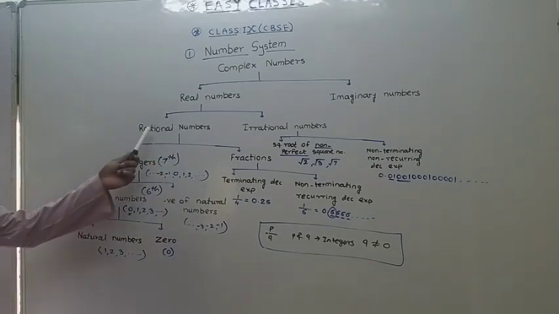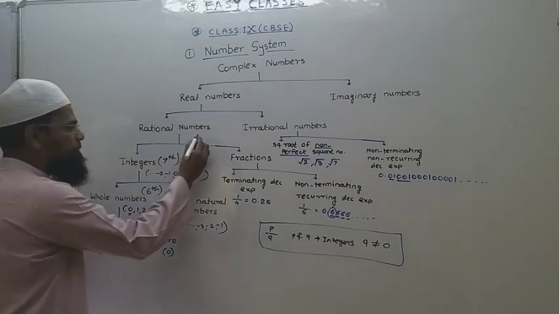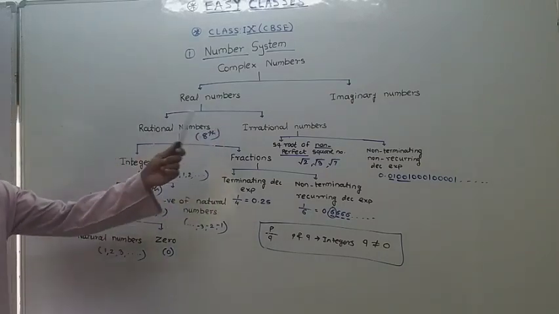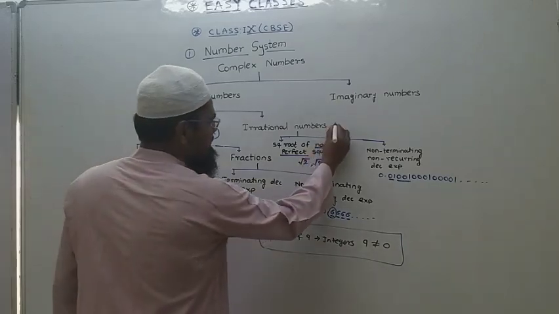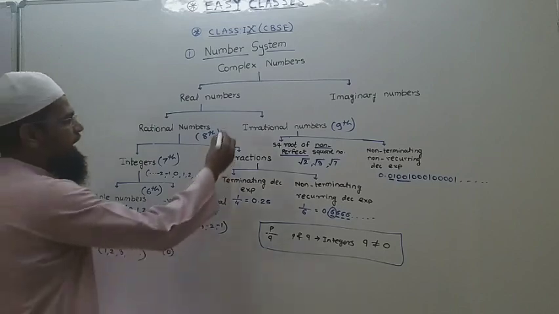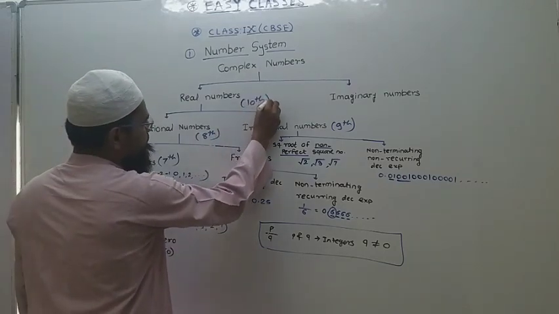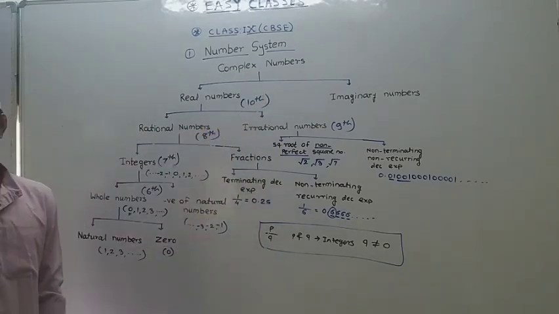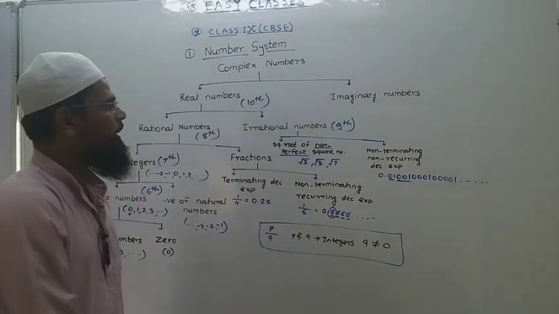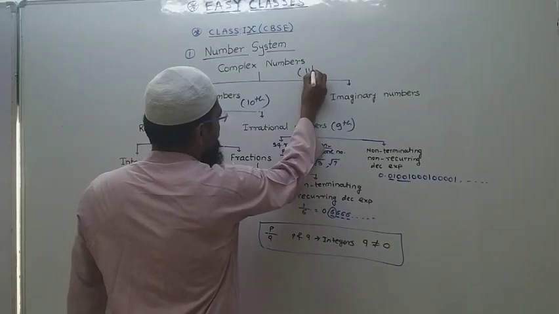The rational number is a separate chapter in class 8. Rational and irrational numbers we study in class 9. Real numbers we study in class 10. Imaginary numbers and complex numbers are a separate chapter in class 11.